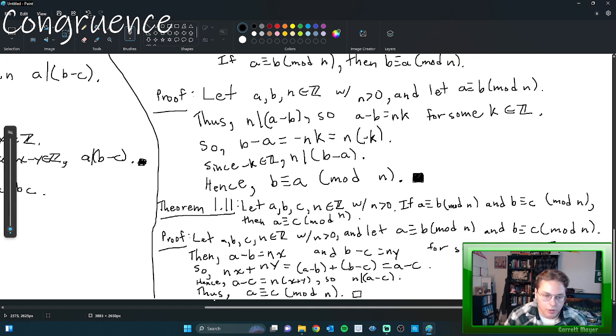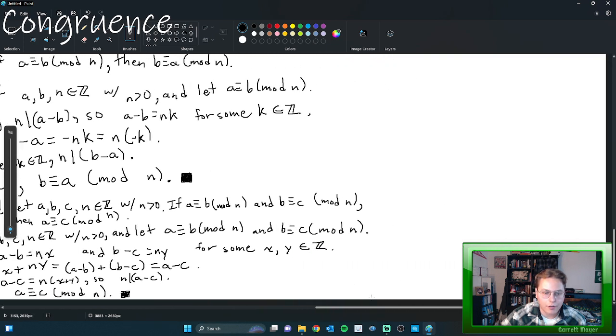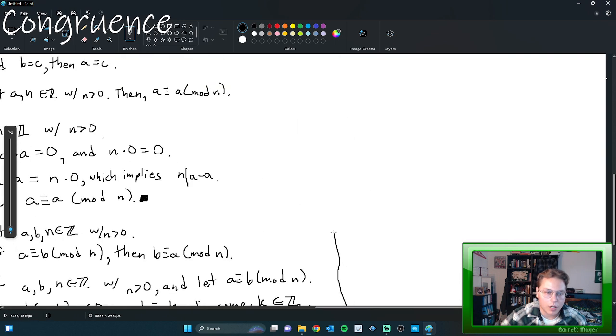And that is our proof. So we have reflexivity, we have symmetry, and we have transitivity. So the congruence relation is reflexive, symmetric, and transitive, which means, similar to equality, this is an equivalence relation. However, as we'll get into, there are also some key differences between congruence and equality that we can get into in the rest of this video.